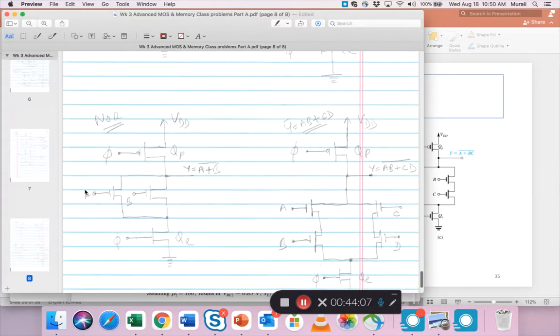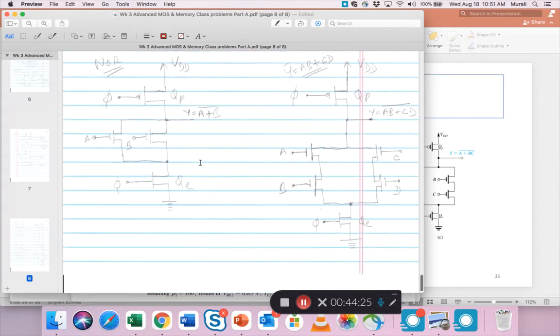Here is a NOR, the two inputs are connected in an OR fashion, a parallel fashion, and the two additional transistors, one P type and one N type at the bottom. Now this is actually an N type, but we write it as QE for some reason.